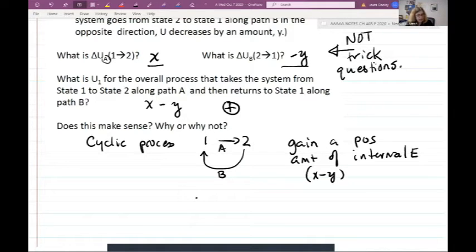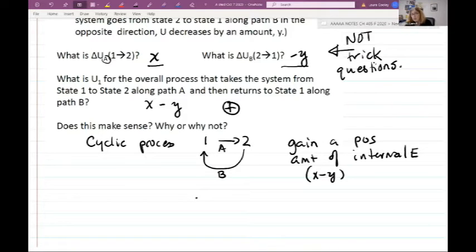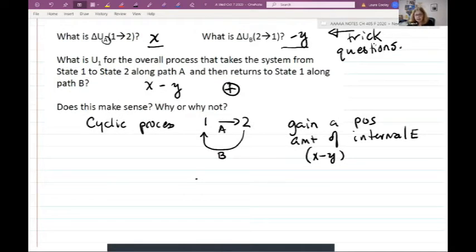We could use that energy to do work and we didn't have to do anything to get it. So if U is not a state function, then work would be free. Okay, so that's not the way it is.